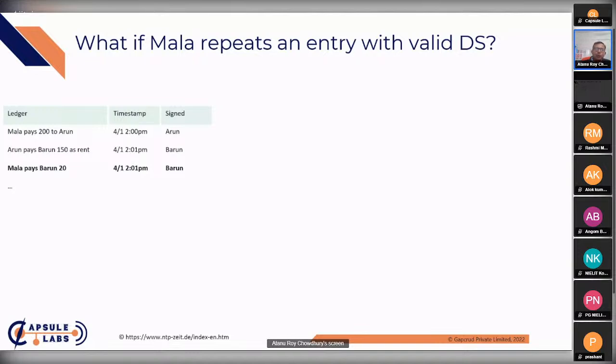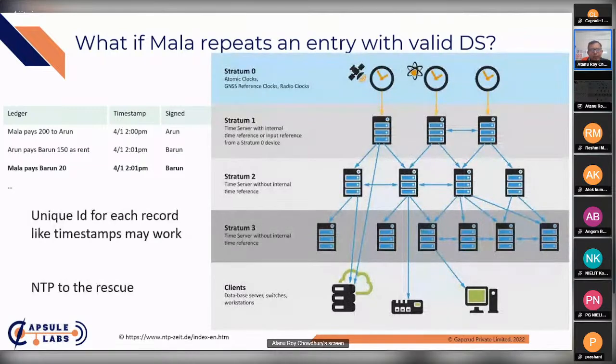Now this brings us to the question of how do I ensure that the clock on the basis of which I'm putting this timestamp has not been tampered with, right? So that introduces a new question of trust. And this is where we typically use a protocol called Network Time Protocol, or NTP.